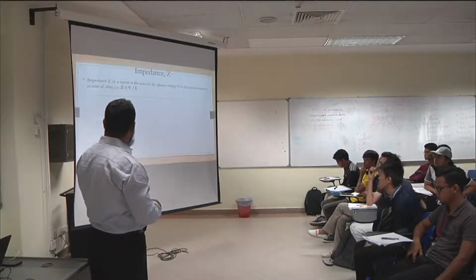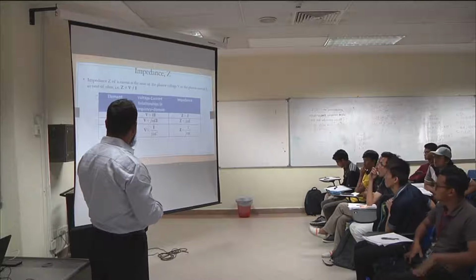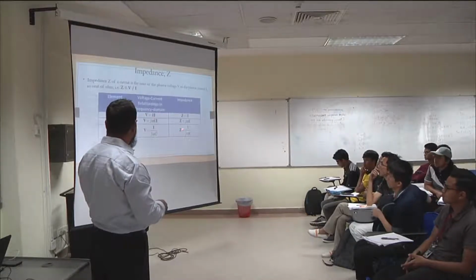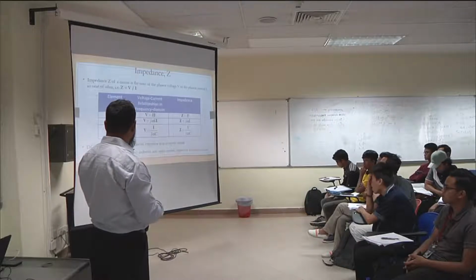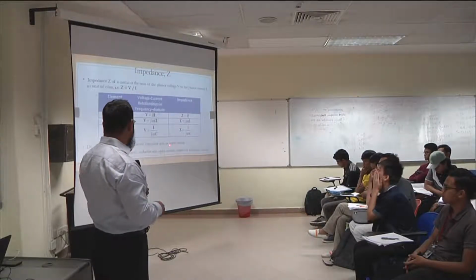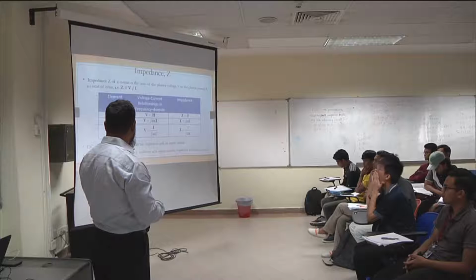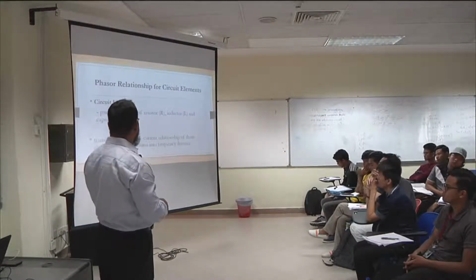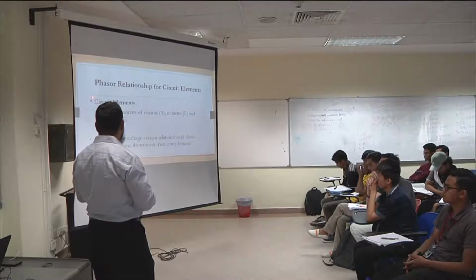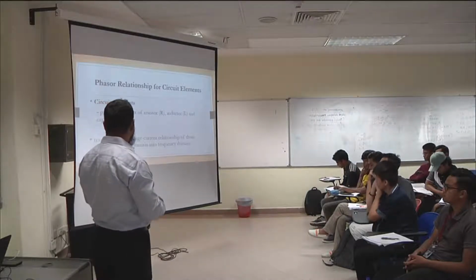Impedance Z, we have talked about this. What else is left? So we have covered all this relationship. For DC, an inductor acts as a short circuit, and a capacitor acts as an open circuit. For AC at very high frequency, we talked about these things. Phasor relationship for circuit elements, we have covered these circuit elements.